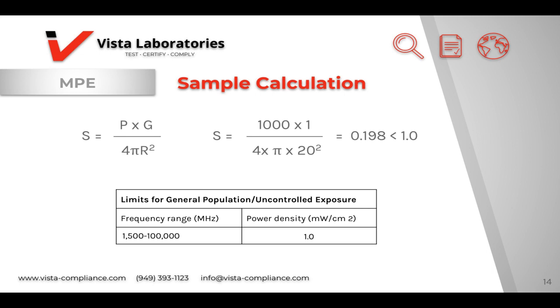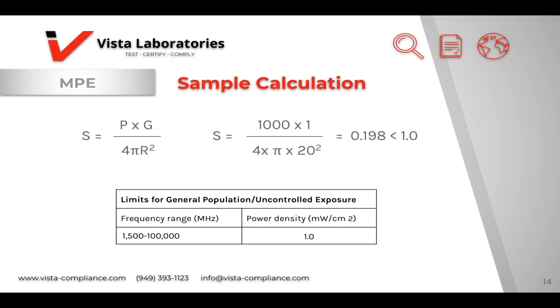So 1000 times 1 divided by 4 pi times the separation distance squared, which we say, for example, is 20 centimeters, if it's intended to be used 20 centimeters from the human body. So 20 squared gives you a power density of 0.198. Previously in the table, for the frequency range 1.5 gigahertz to 100 gigahertz, the power density limit was 1. So 0.198 is less than 1.